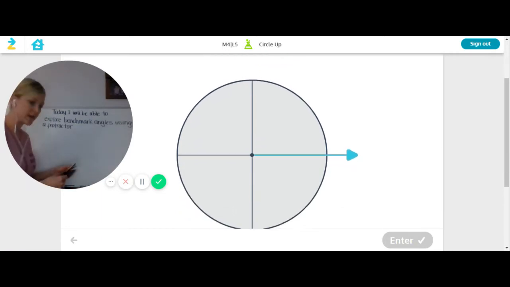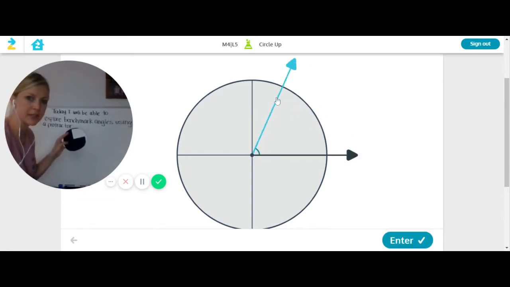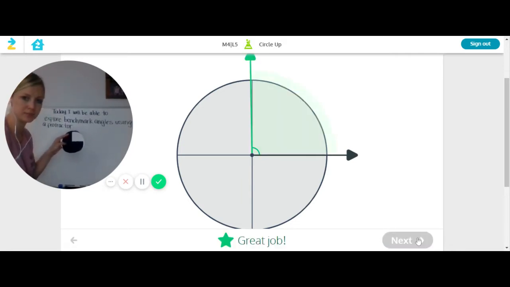A quarter is 1/4. Please say the fraction, 1/4. Go ahead and take your protractors and let's make 1/4 of a turn, or as you might have recognized, a 90-degree angle. So I'm going to go ahead and grab this tool here and I'm going to turn it to 1/4, or that 90-degree angle.